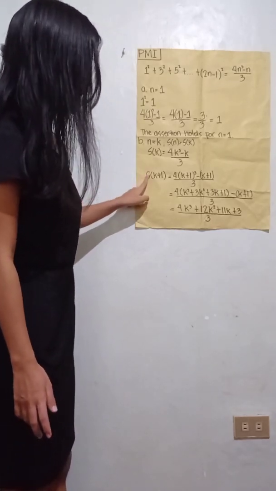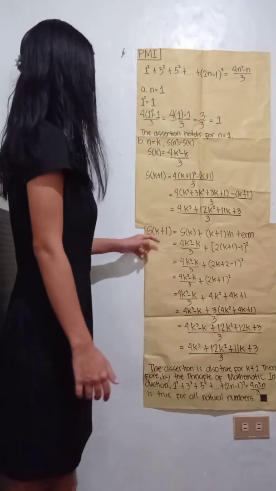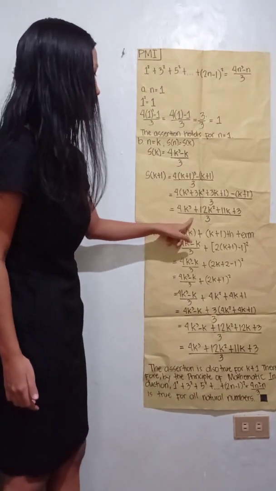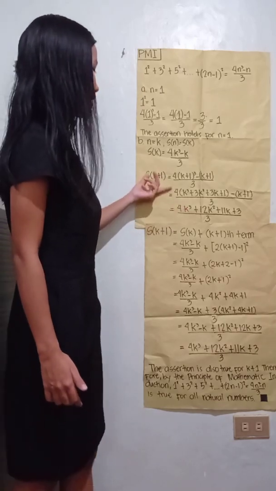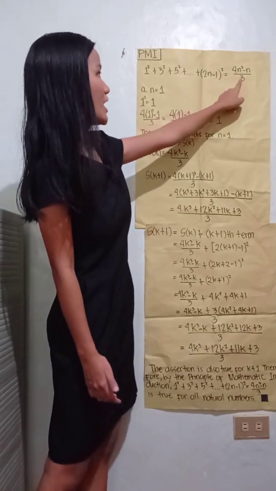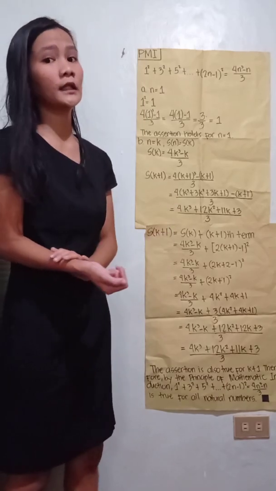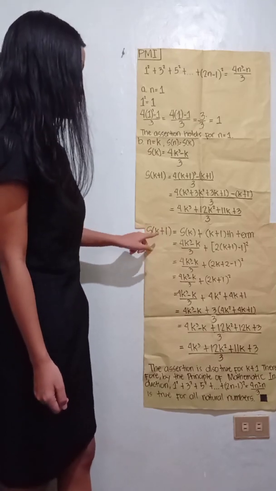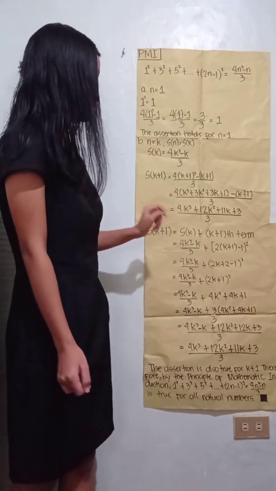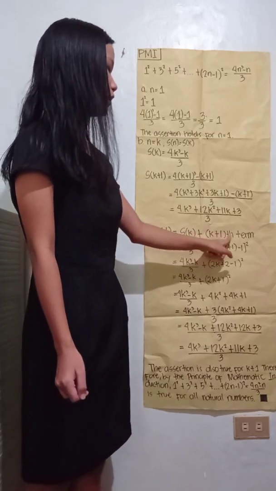In this part, we need to show that this formula, which we came up with by directly substituting k plus 1 into our sum of n, is equal to the result of this other method, which is the sum of k plus 1 equal to the sum of k plus the k plus 1 term.